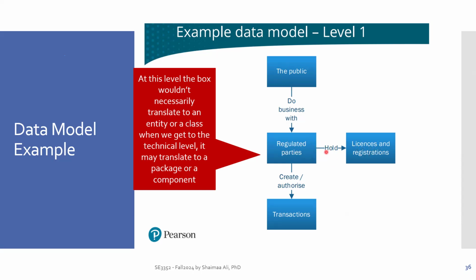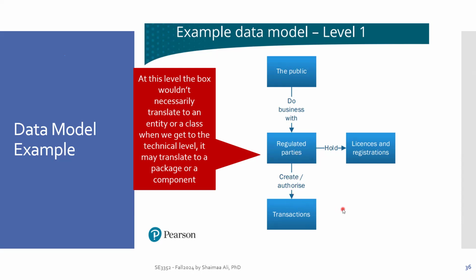The multiplicities and all the details of the relationship can be done later on in later stages of the development when we collect more information and have a better understanding of the details. So at this point, we just have general entities, the level 1 general entities, and their relationships.